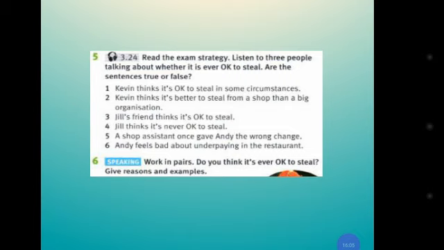Give reasons and examples. And if you think it's bad to steal, you should also give reasons and examples.